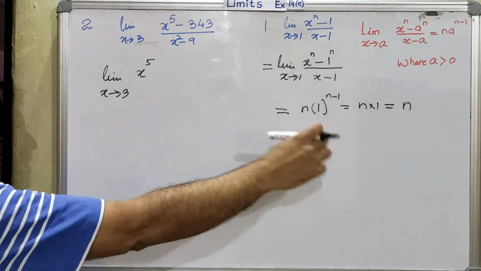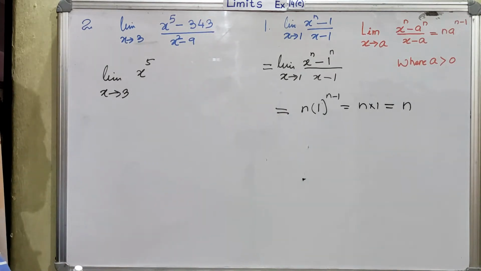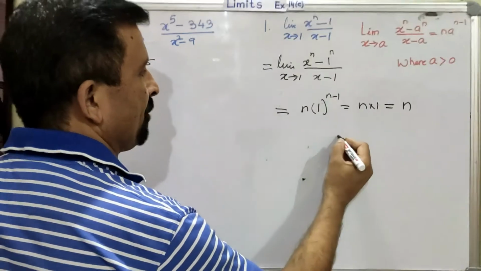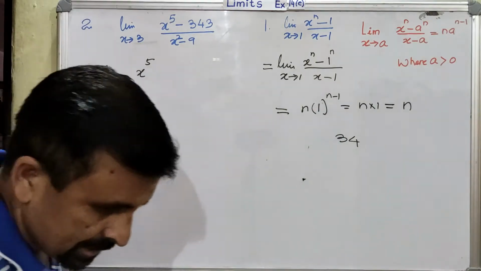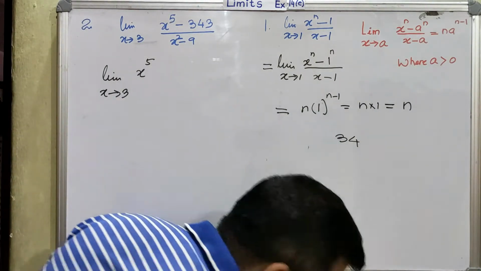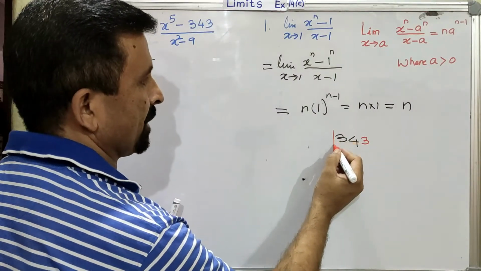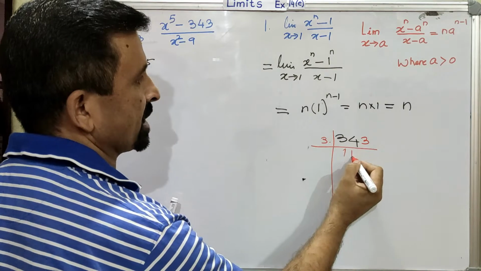When you factorize it, you know the prime factorization method in class 11 is not so good. If I have to teach you the prime factorization of 343, do you want me to do that? 343, I want to factorize this. 3 1 are 3, 3 1 are 3.